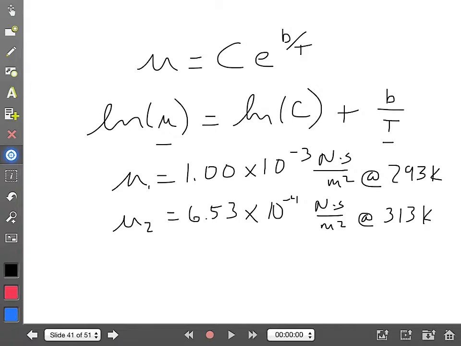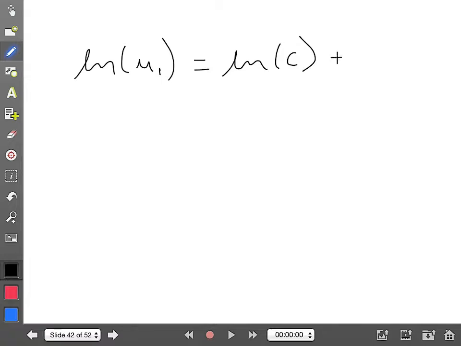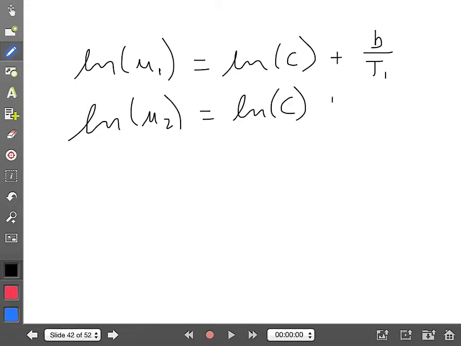If I can just write this out quickly, the log of mu1 must equal log of C, which is a constant, remember, plus B over temperature 1. In this case, it would be 293. And then we also have log of mu2 would be log of C plus B over temperature 2.